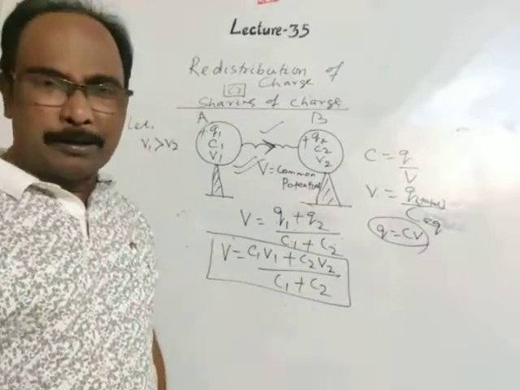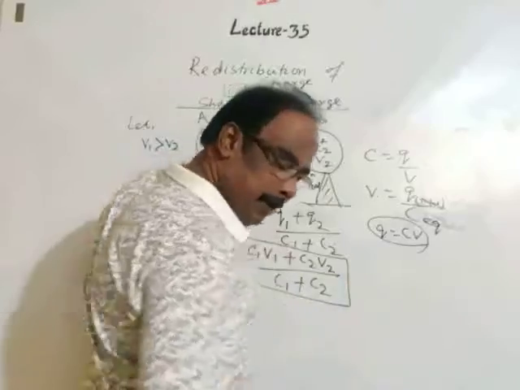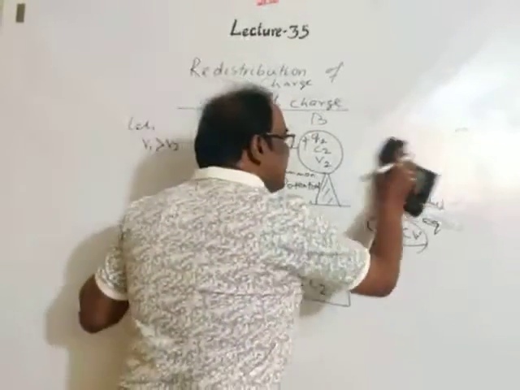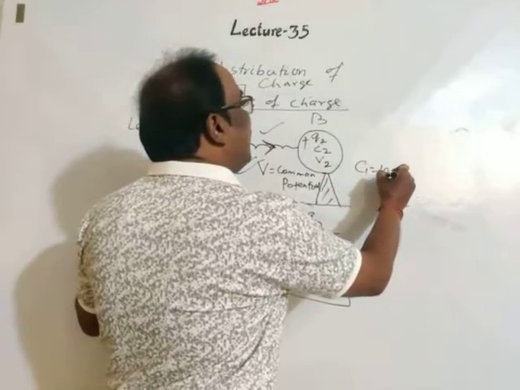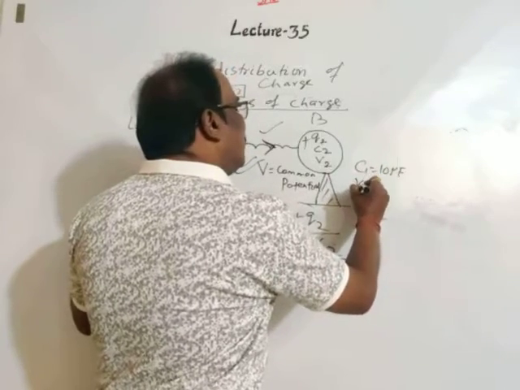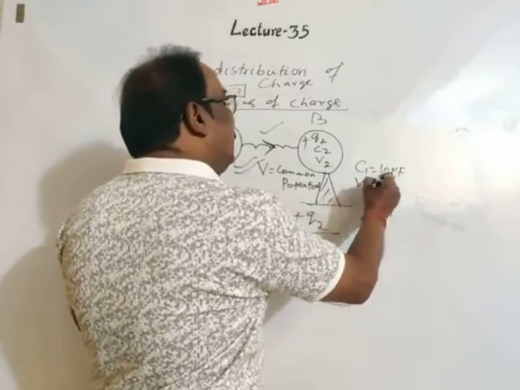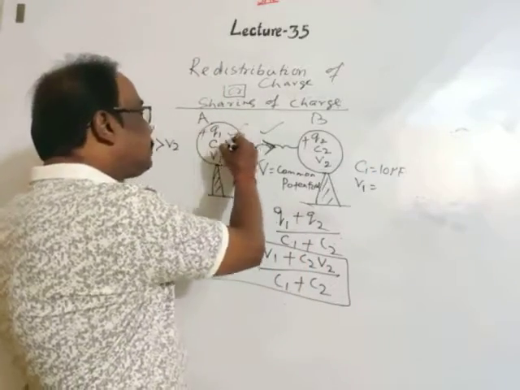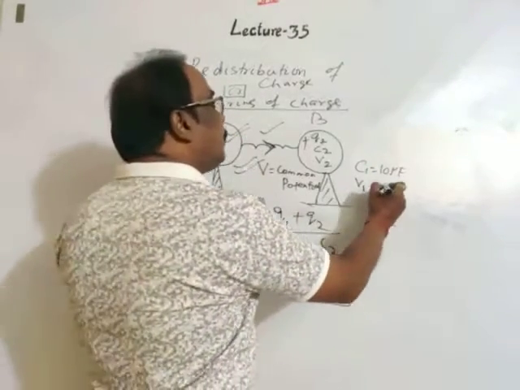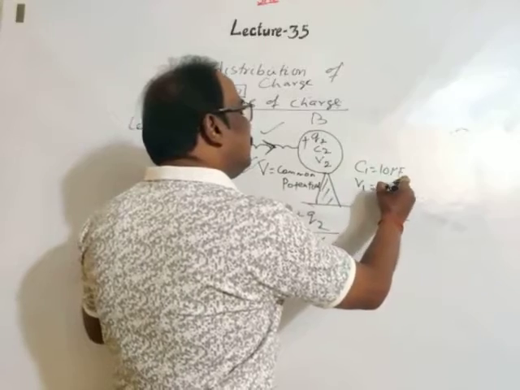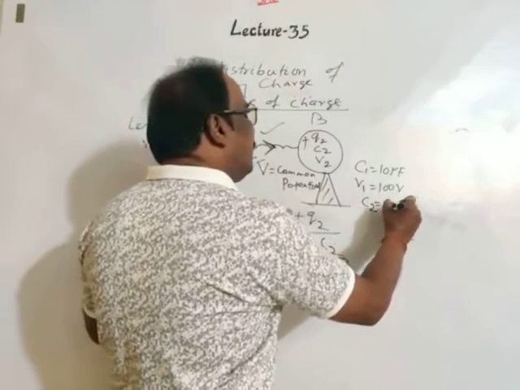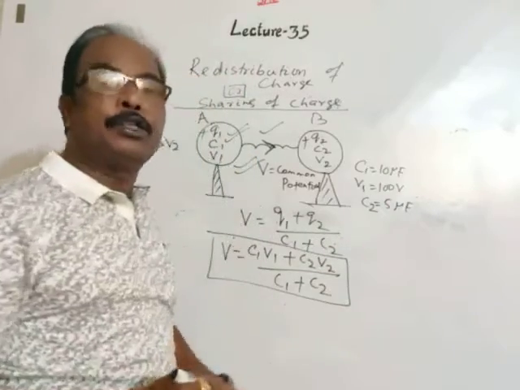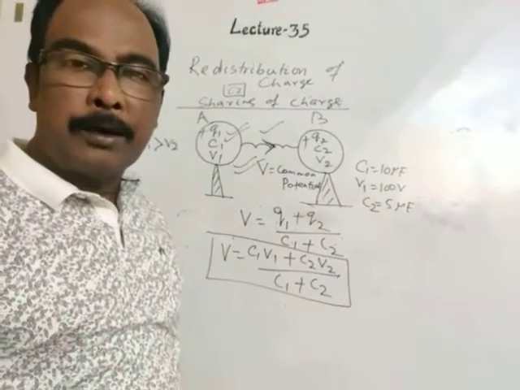Sometimes it may be asked like this: a capacitor of capacitance 10 microfarad and potential, let's say 100 volt, is connected to another capacitor of capacitance 5 microfarad which is uncharged.